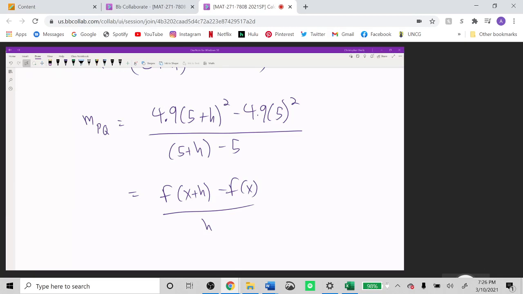Do you agree? Yes. Now, the only issue with that is we can't plug 0 in directly, can we? Because then we'd be dividing by 0. So we're going to have to look at how to do this.